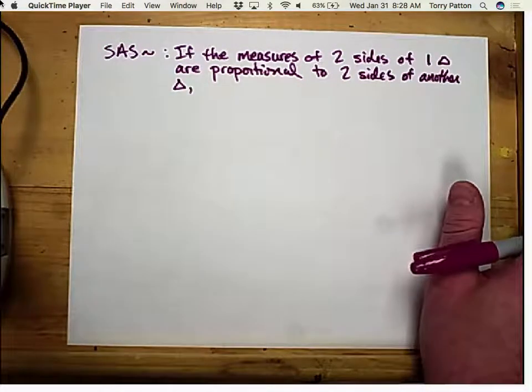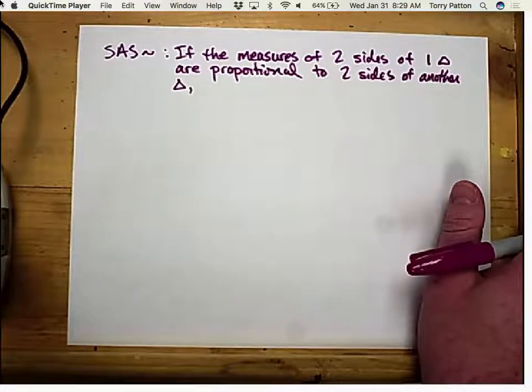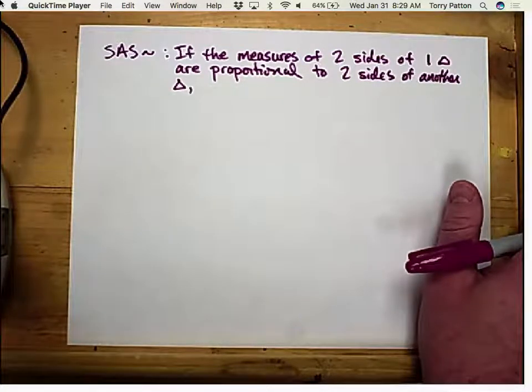Because we know 2 sides of one are proportional to 2 sides of the other. So far, you have to prove the other sides.